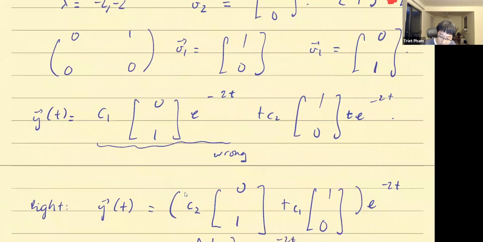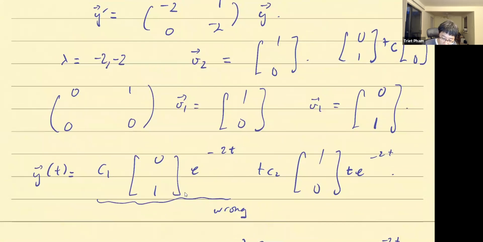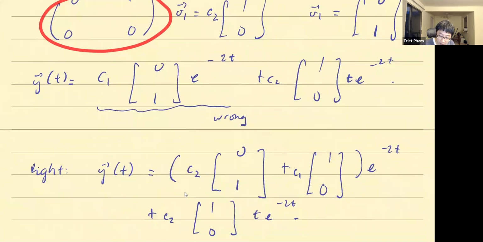So you solve it for C2 like this, and you conclude that the solution is C2, C1 like that. This C2 is fixed because of the right-hand side. The C1 is free with respect to the system because it's multiplied with any homogeneous solution. 1, 0 is a homogeneous solution for this system. And that explains this.